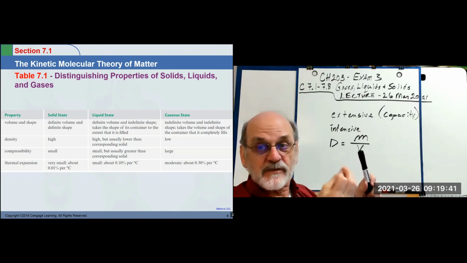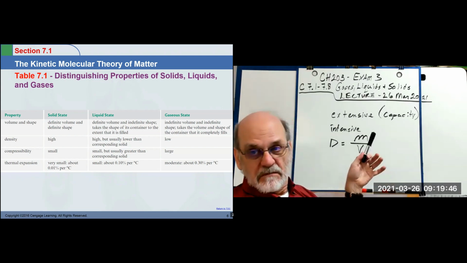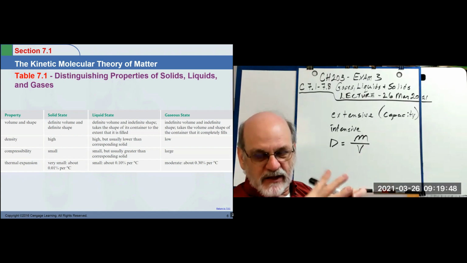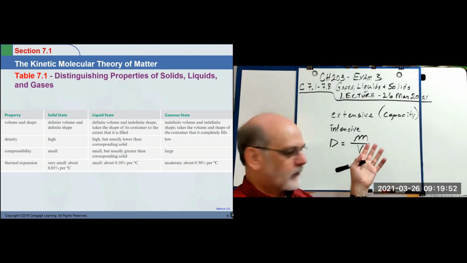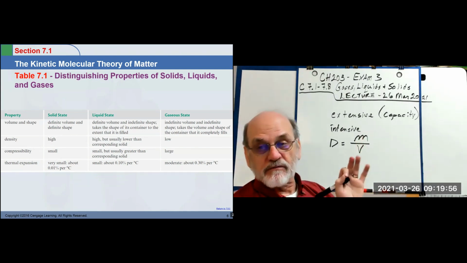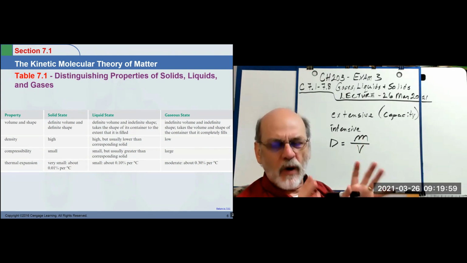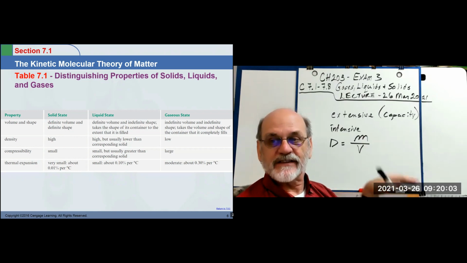There's less empty space. For a liquid, there's some expansion. Most liquids are less dense than solids. But gases, there's very small mass, very few particles by comparison in that same volume, which means the density is much lower.